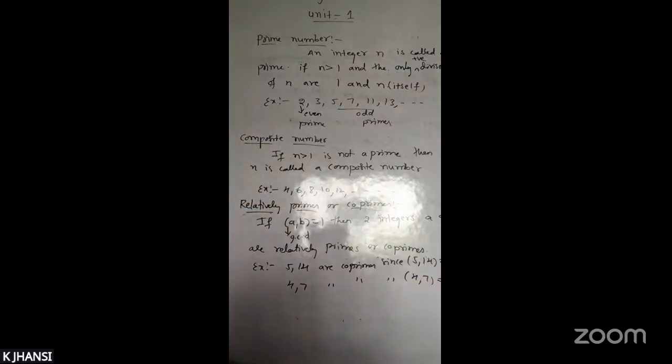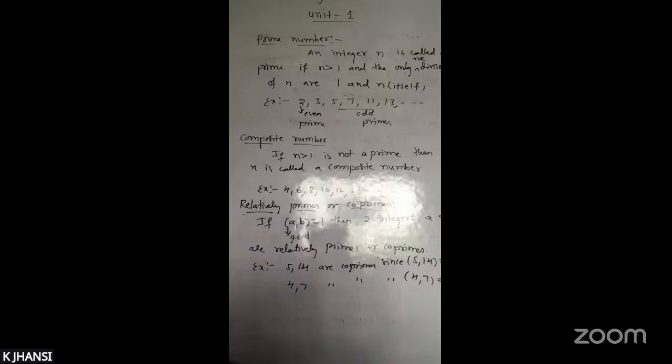Next we have the definition of GCD. Greatest common divisor: if A and B are two integers, not both 0, a positive integer D is called the greatest common divisor of A and B, denoted by (A, B), if two conditions are satisfied.